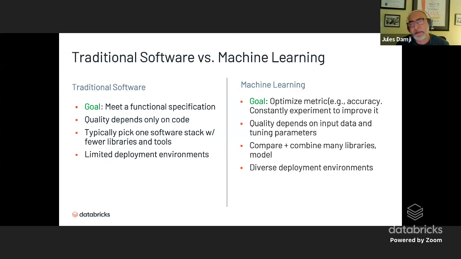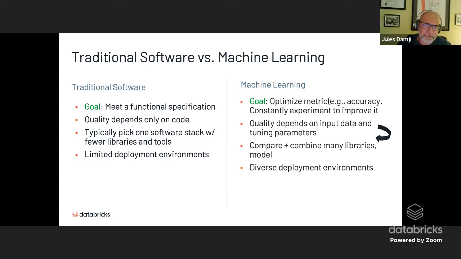The more data you have, the better the chances that your model will generalize, so you can do good prediction on unseen data. And a lot depends on the tuning parameters. This step is very iterative, this whole idea of experimenting over and over again to move the needle so that you get closer to the accuracy.